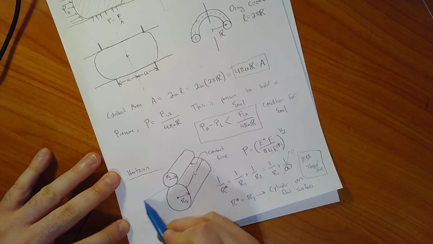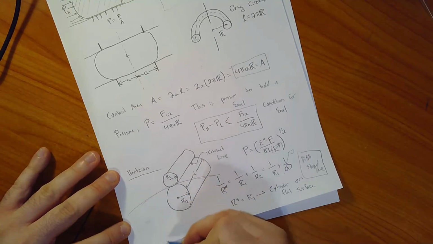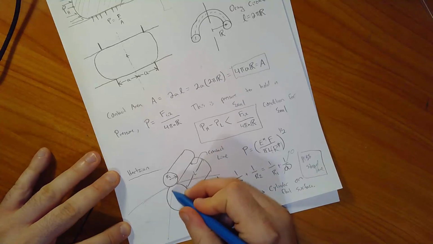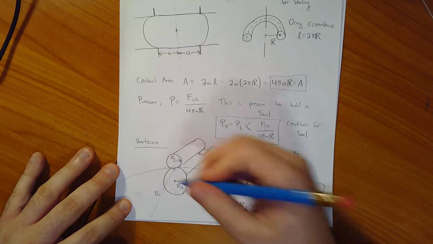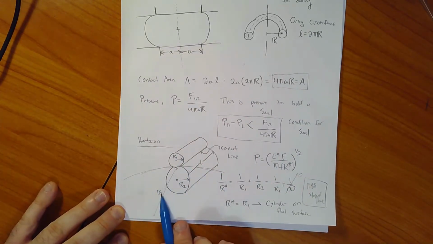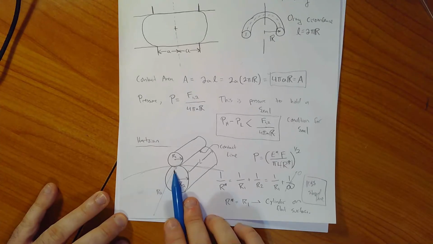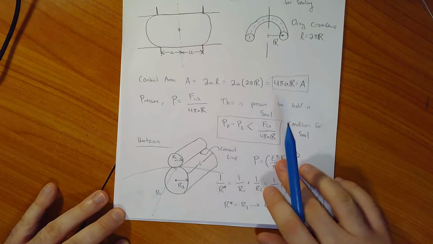So if I draw a cylinder that's infinitely big, the radius is way down here somewhere, and it comes up like that, and that R2 is very big, and so this curvature, as R2 gets bigger and bigger, becomes closer and closer to just being flat, and that's ultimately what we want, right?